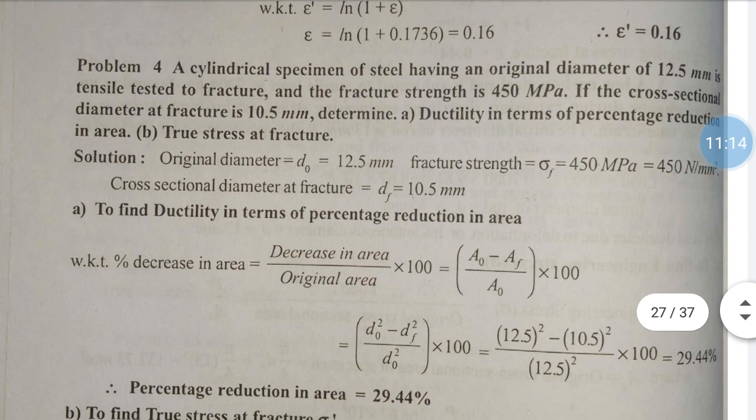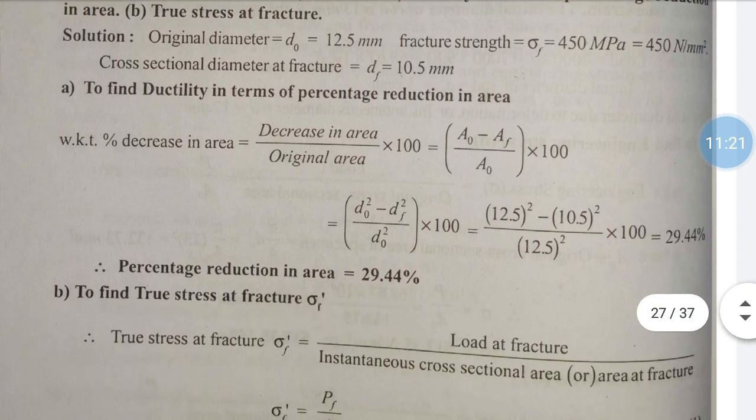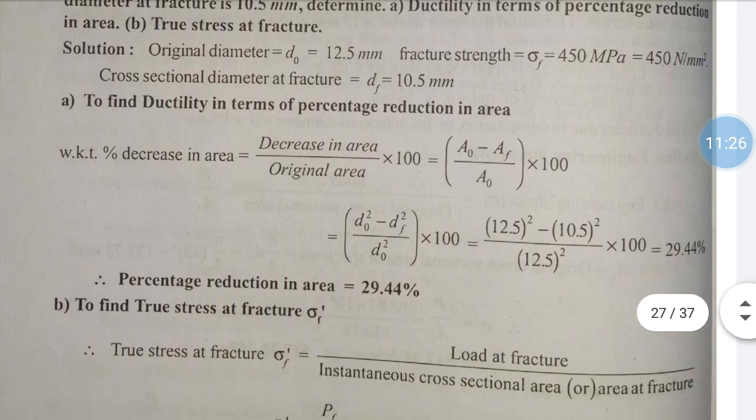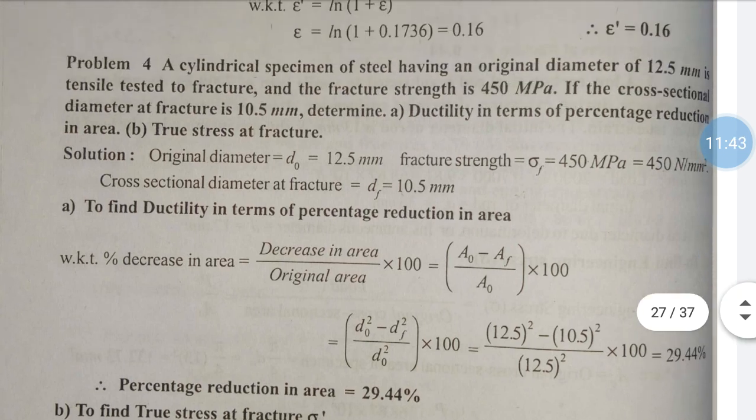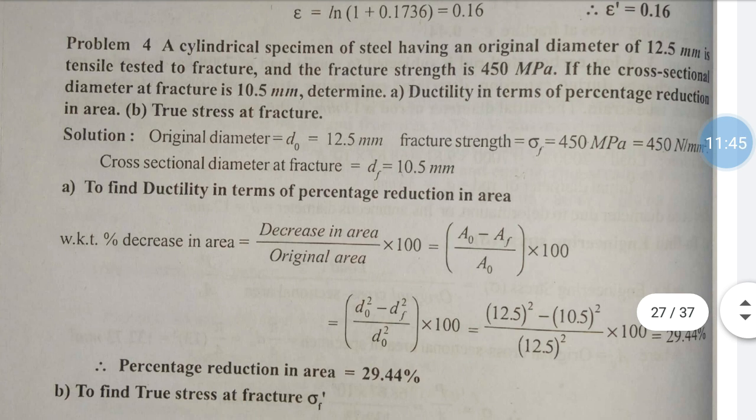Okay, area only he has given. Specimen steel having original diameter of 12 mm, tensile load. Here if you convert into area also, the same thing only will come, because here he is mentioning in percentage. Here he has not converted, because 12.5 mm directly he has taken, the direct diameter, and he has mentioned it as A naught, but it is wrong.